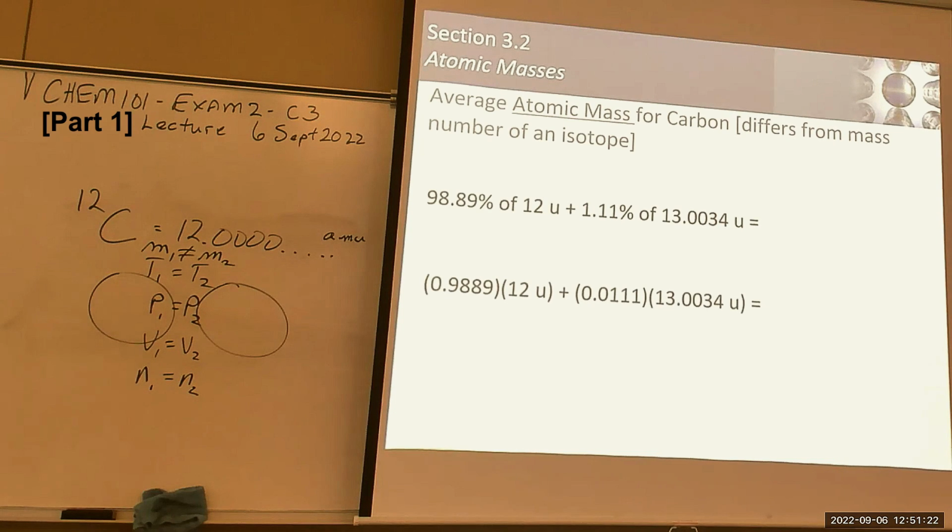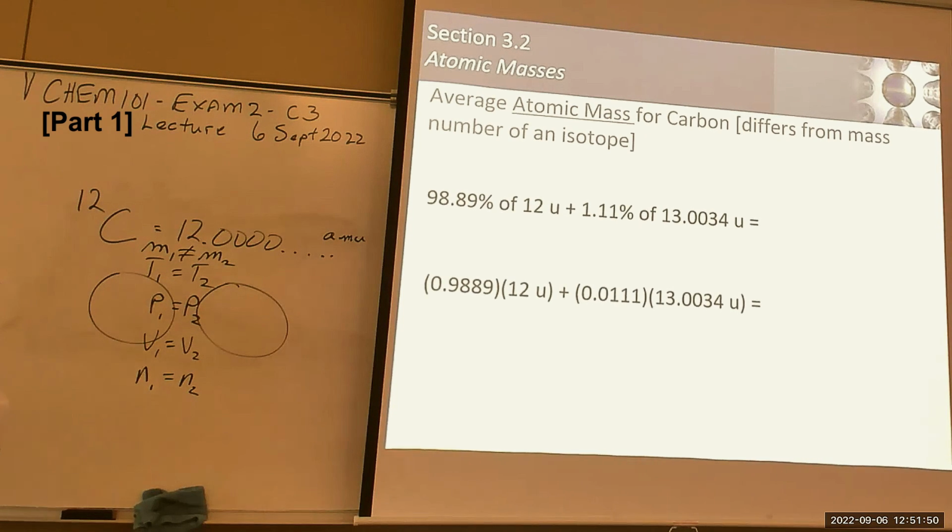Okay, so if we do the calculation, I guess I have to show you this. Otherwise, it would be on this slide. So if we take that abundance, and in order to avoid having to divide by 100, we just convert it to the fractional amount. And that's easier to do. The fractional amount for carbon-12 is this, and the fractional amount of carbon-13 is this.